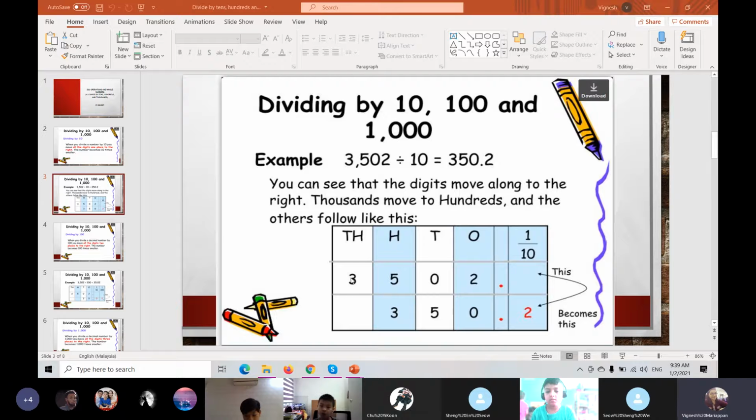Okay, let's say when you try to analyze your answer in the box way, can you see or not? 3502. Of course 2 is in the ones place, 0 is in the tens place, 5 is the hundreds, and 3 is the thousands place.